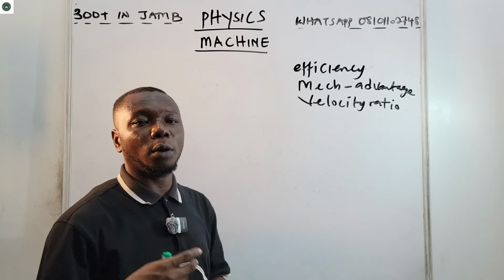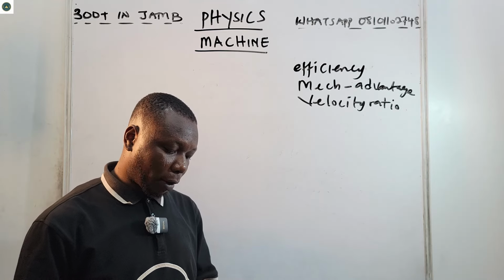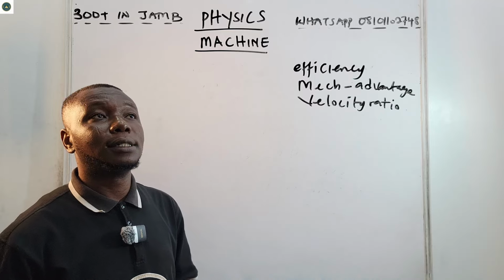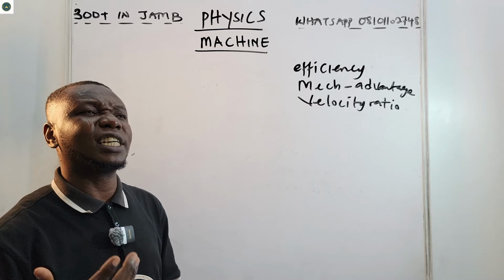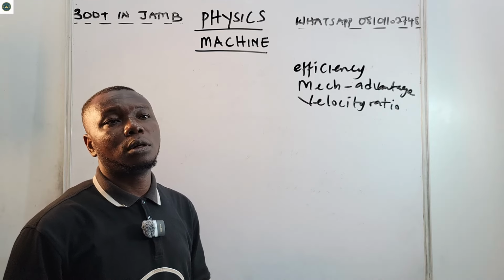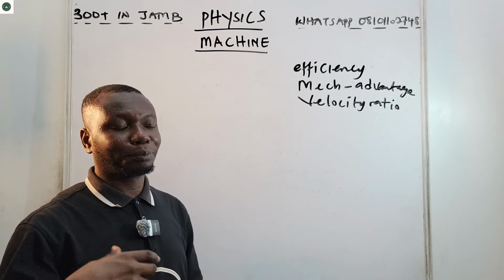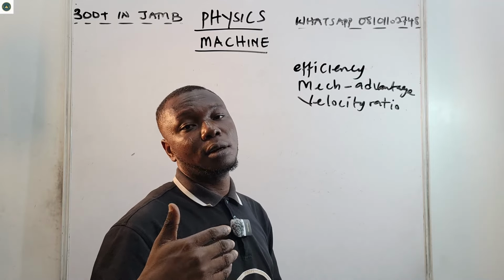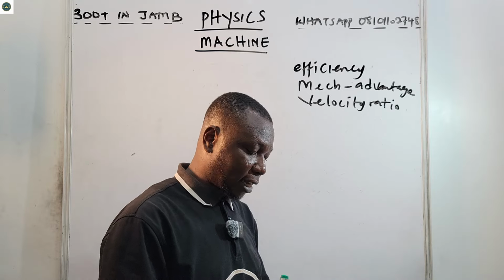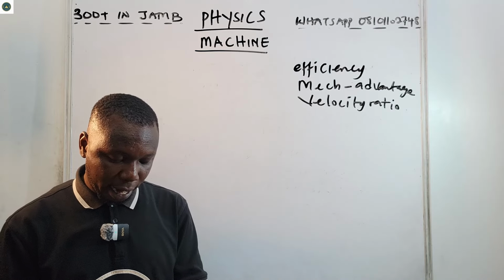Now, efficiency. If we talk about efficiency, we know that efficiency is output over input. For example, we can say distance moved by load over distance moved by the effort.